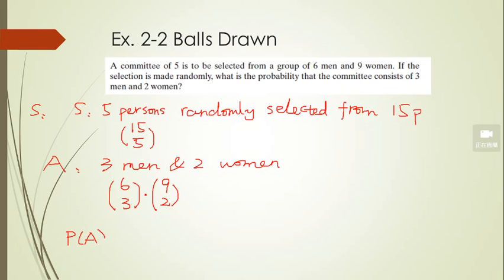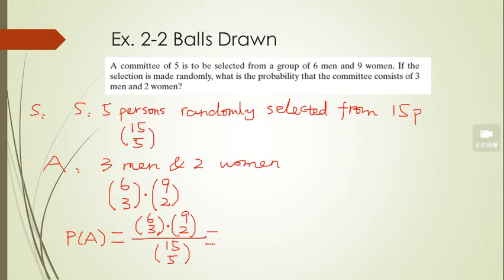In all those examples, we assume that each different outcome has the same probability to occur, okay? So to work out the probability of A, that will be the number of different possible outcomes in event A over the outcomes in the sample space.